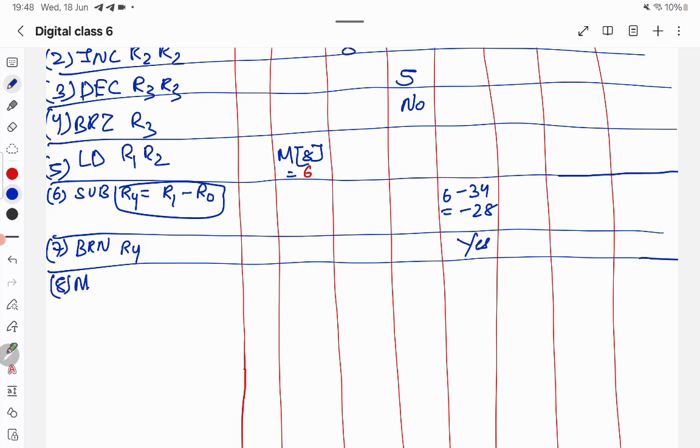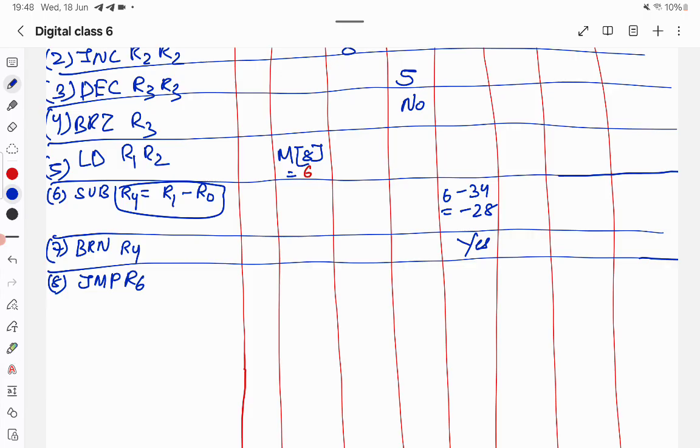Next instruction, tell me. Since it is negative, there is a 2 written here, right? That means you will jump 2 steps. 1, 2. You will come to this instruction. Instead of writing move R0 R1, the next instruction will be JMP R6. See, you are at BRN R4.